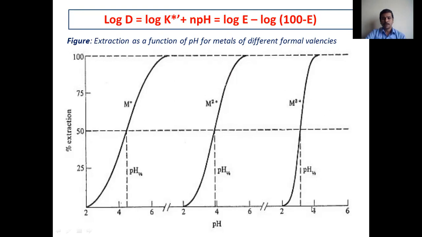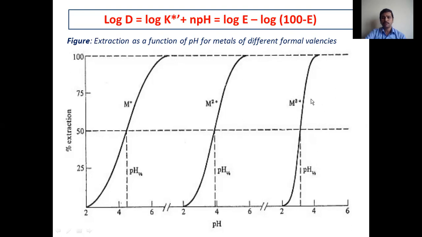For pH on the x-axis, no significance should be given to the pH values; they have written incomplete values 2, 4, 6. In the curve of pH versus percent extraction, M+ means monovalent ions, M2+ divalent, and M3+ trivalent ions.